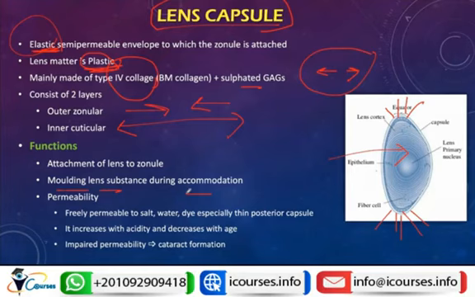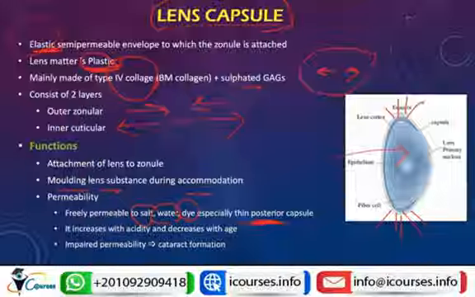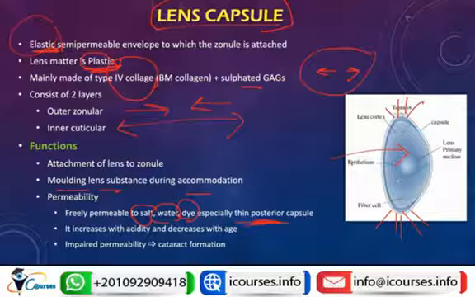Also, it is permeable, so it will be freely permeable to salt, water, and dye, especially with the thin posterior capsule. This permeability allows nutrients to enter the lens, so that this capsule acts as a guard that allows the glucose, the oxygen, the nutrients, and the amino acids to enter inside the lens.